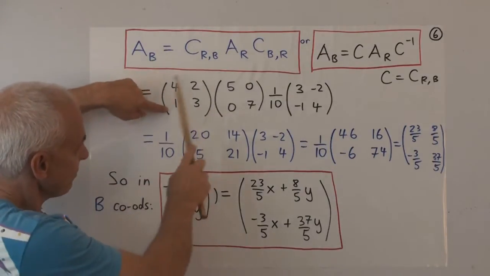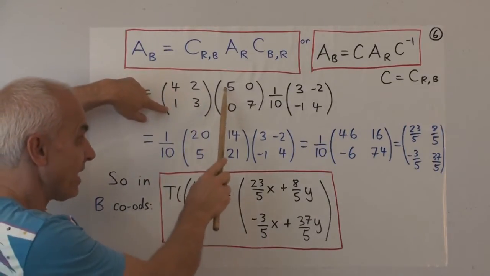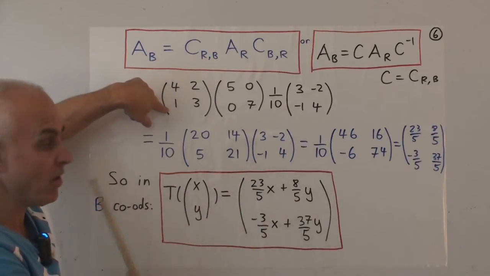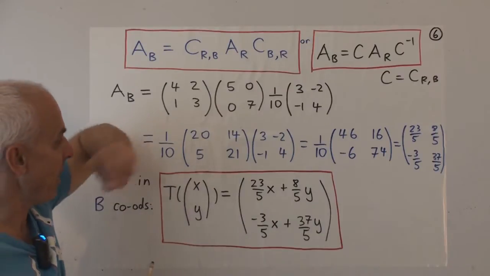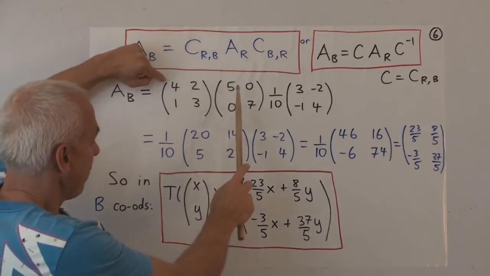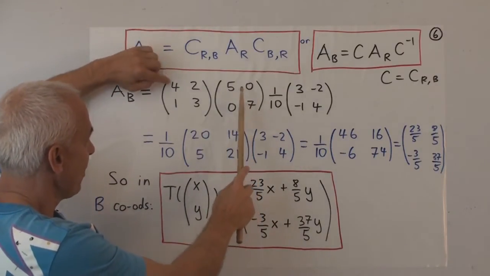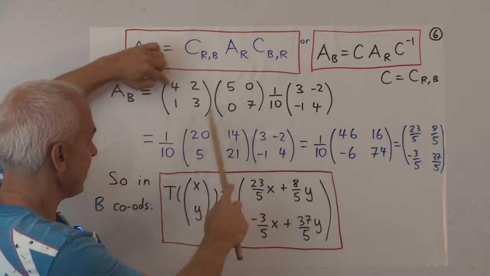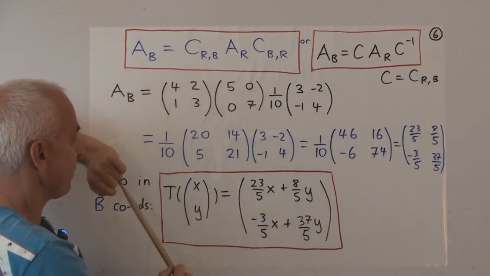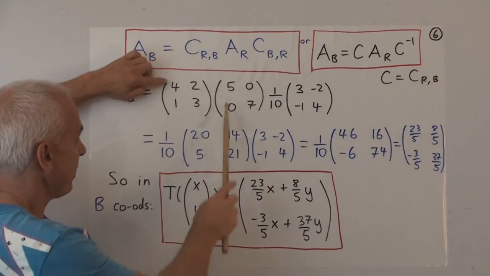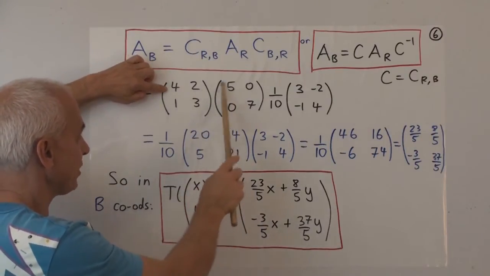We're multiplying this rather general matrix with a diagonal matrix on the right. Let's do the multiplication. 4 times 5 plus 0, so that's 20. And 1 times 5 plus 0, that's 5. The first column is obtained from the first column here just by multiplying by 5.